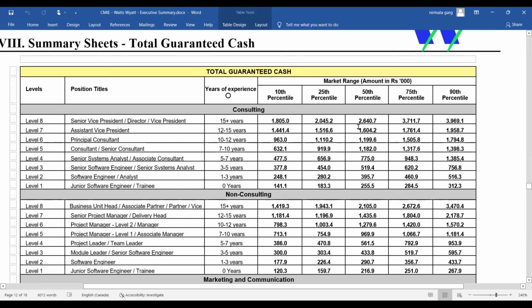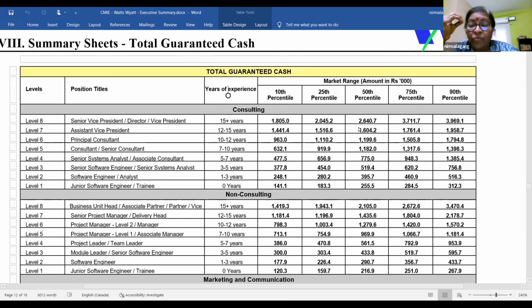Now you will see something very important here: the 50th percentile. All of you have n number of years of experience, and I'm sure you've heard of percentile. When I say my company is paying at the 75th percentile, what does it mean? Quick.